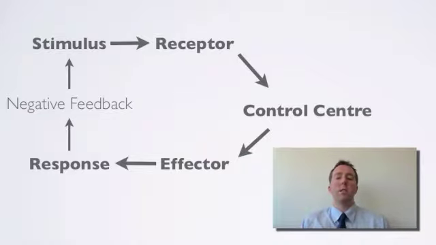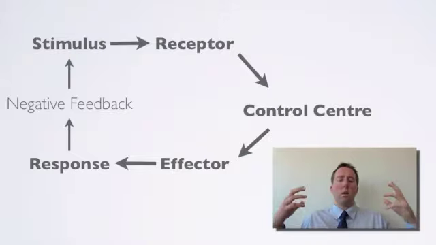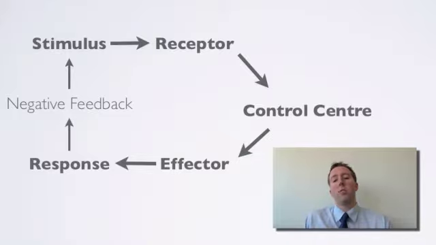So if the stimulus to the body is that you're too hot, then the receptors, there might be receptors in the skin, temperature receptors, or there's in fact a temperature receptor in your brain, in your hypothalamus, and it might say, well, it's too hot. We need to do something here. So the message would then go to a control center. The control center, the brain, would say, well, we need to get cooler.